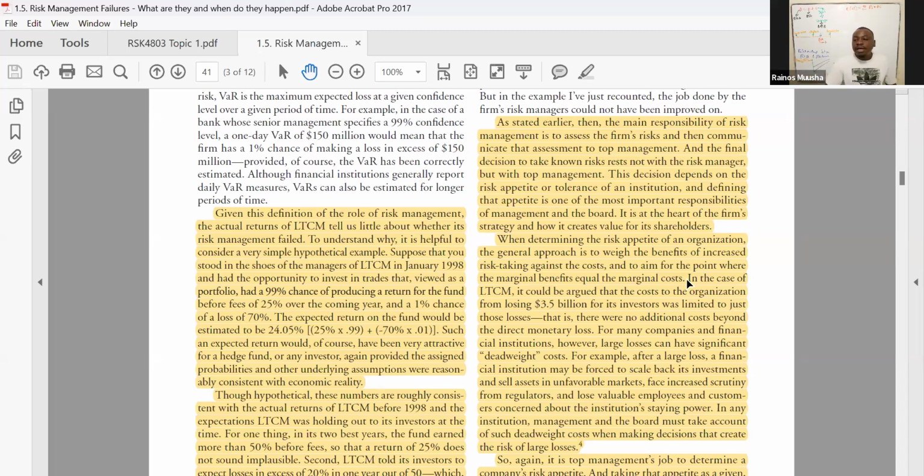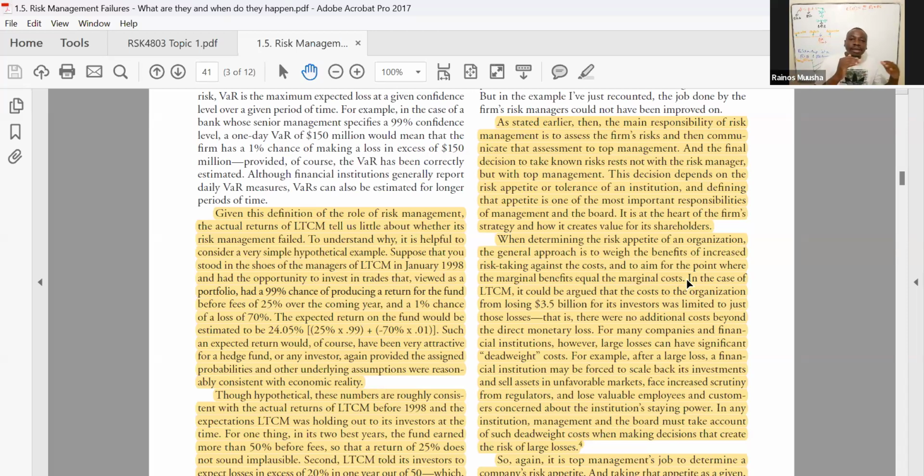Because if your marginal benefits are equal to your marginal cost, it means you are maintaining the value of the firm. So the minimum expectation with every economic decision that one makes for an enterprise is that you must either maintain the value of the firm or increase the value of the firm. And how do you do that? By making sure that your benefits are more than your costs.